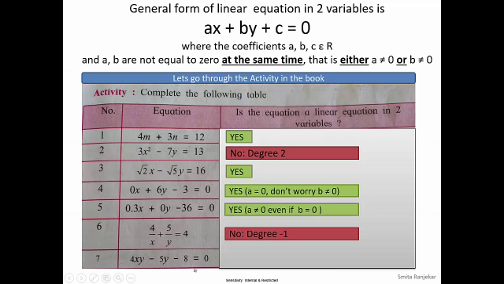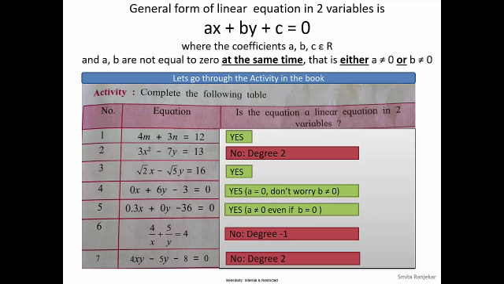Children, you must be remembering the definition of degree, that highest power of the variable in the equation. Last year even we came across such equations, that is 4xy, when there are two variables. Here the degree of the equation is 2. Therefore it is also not a linear equation in two variables.